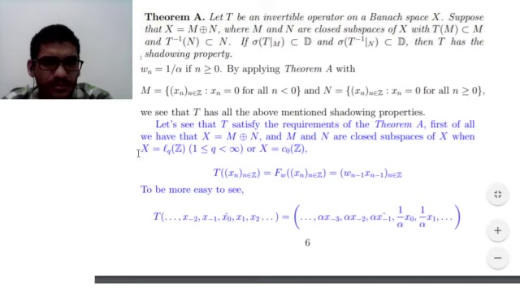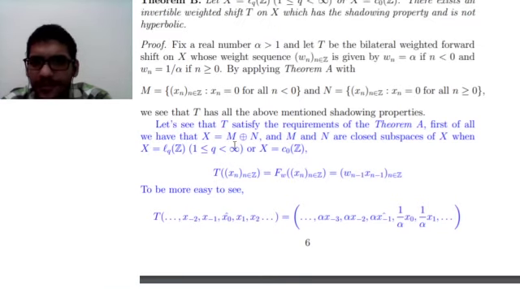No, let me erase the lemma A, the theorem A.